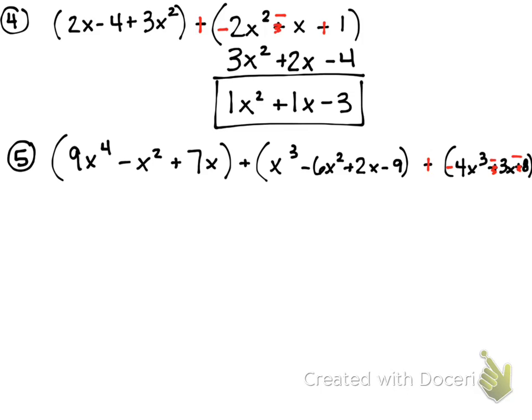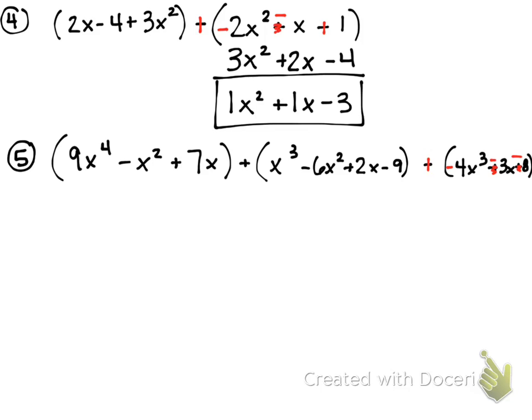Now, all I want to do is line all 3 of them up under each other and add them all at once. Now, I notice that some of them are missing terms that others have. So I'm going to start with the one that has the most terms.